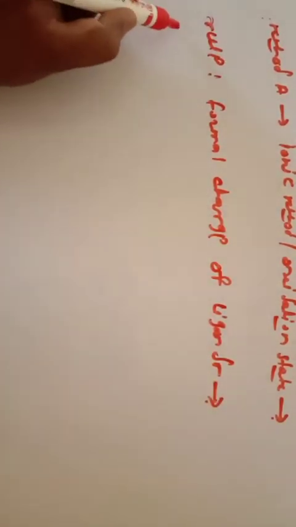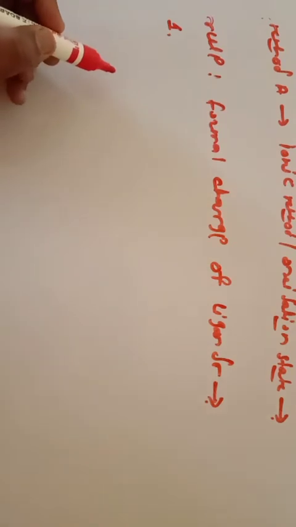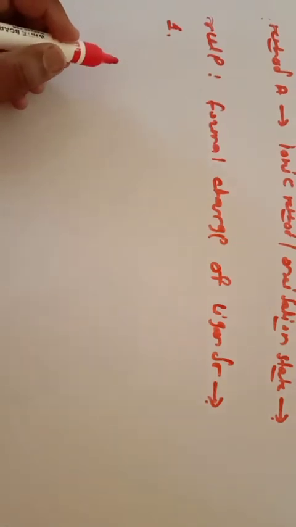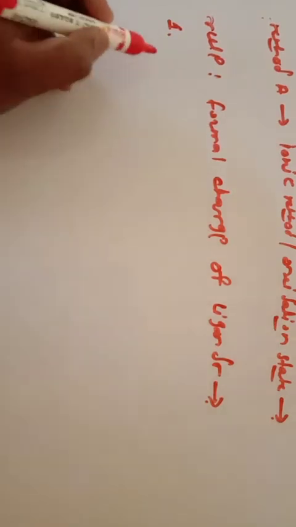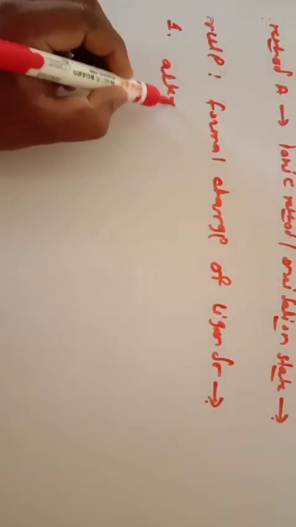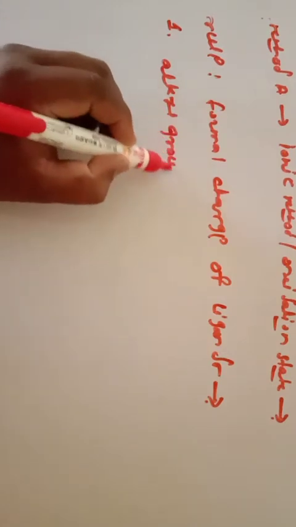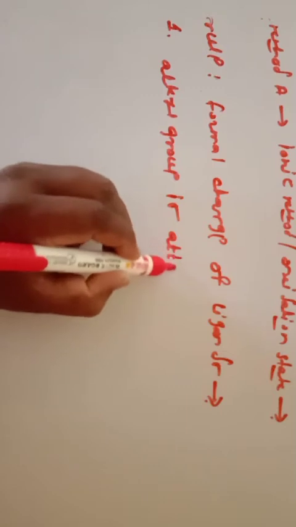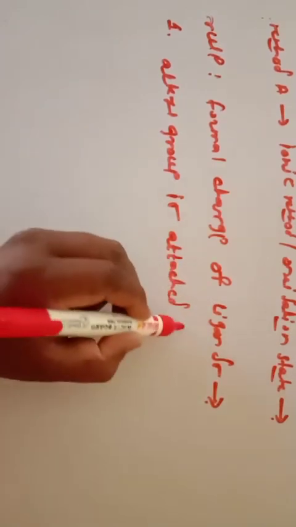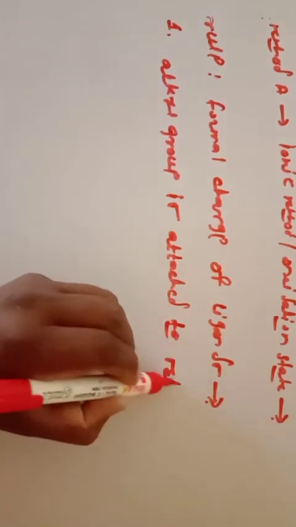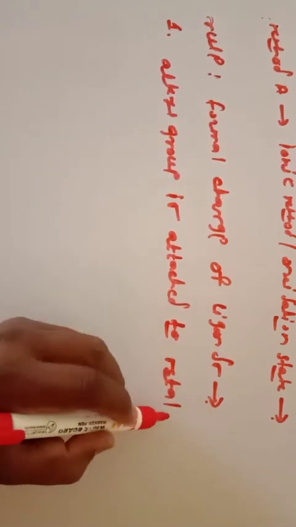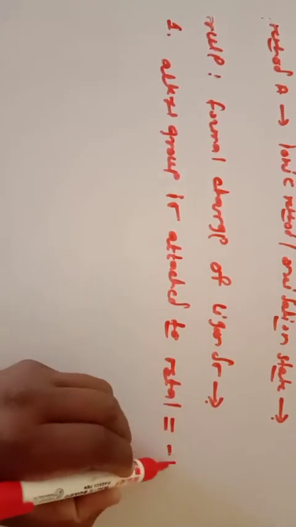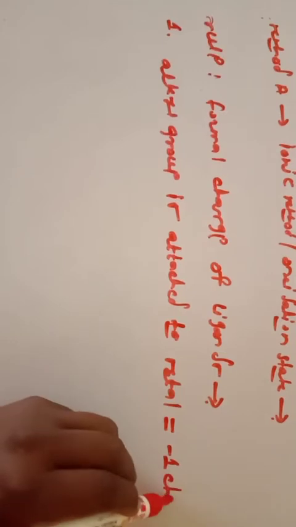The first important rule is that whenever an alkyl group is attached to a metal atom, that is a transition metal atom, then it should have a -1 charge.